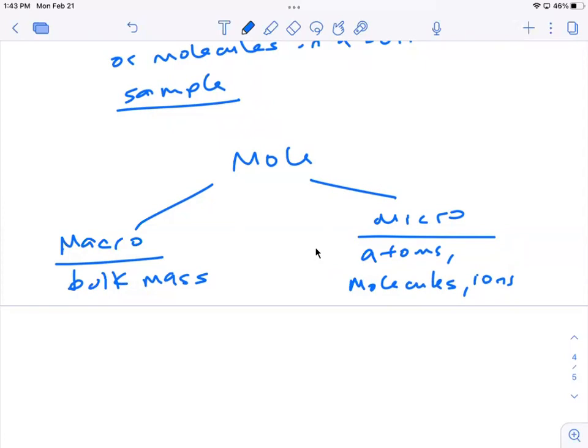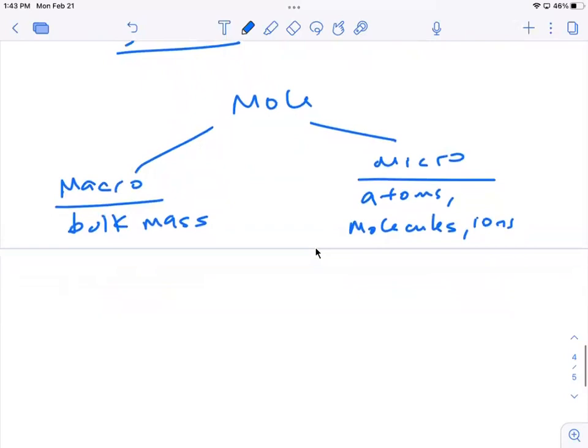But there's another number that's really important to going between these two realms. You probably heard this in your high school chemistry class, and that is Avogadro's number, right?